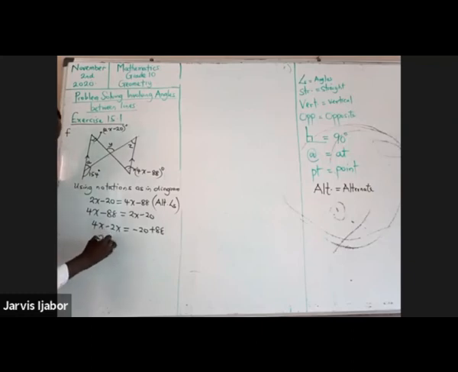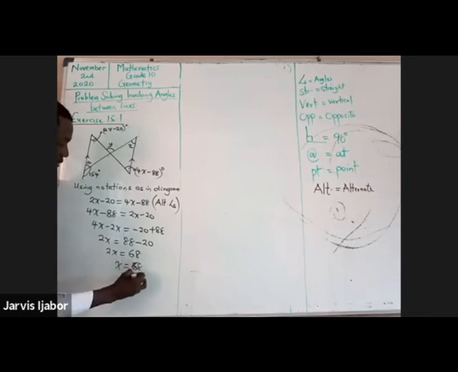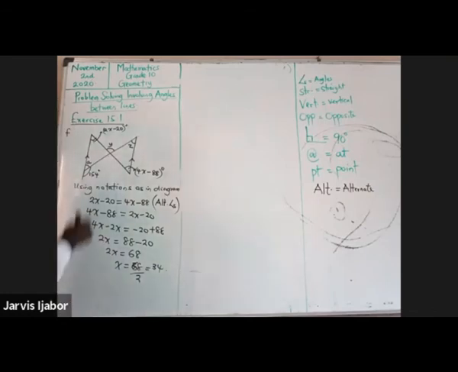So this will give me 2x equal to, some students might not be able to perceive what's happening, hence I'm going to rewrite this. So this will be 2x equal to 68. And then x will be equal to 68 divided by 2, which will be 34. So we have gotten x, but that is not the value of the angle.